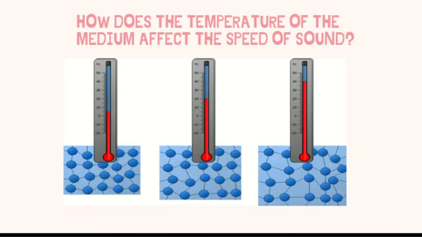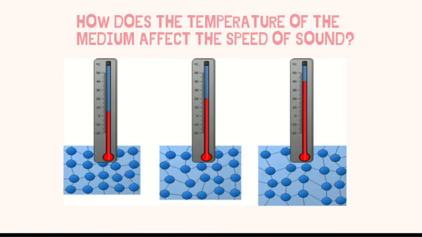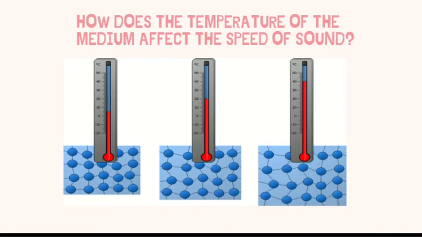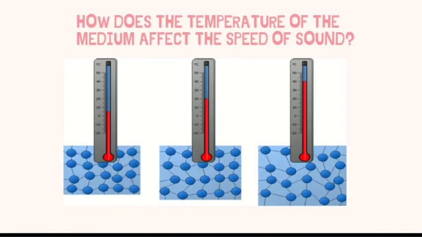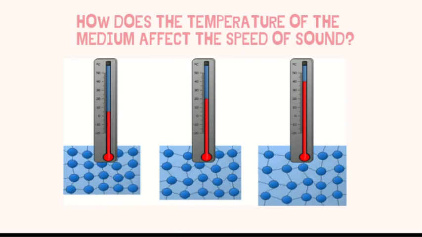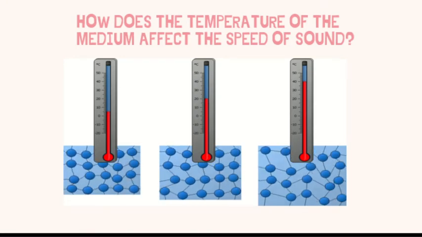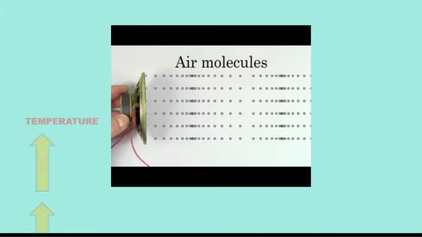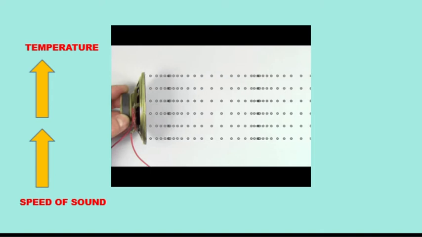Remember that kinetic energy of particles is affected by temperature. A medium with high temperature gains more kinetic energy that makes the particles move faster. And in a medium with low temperature, the molecular kinetic energy moves slower. It means that the higher the temperature, the faster the movement of the particles.